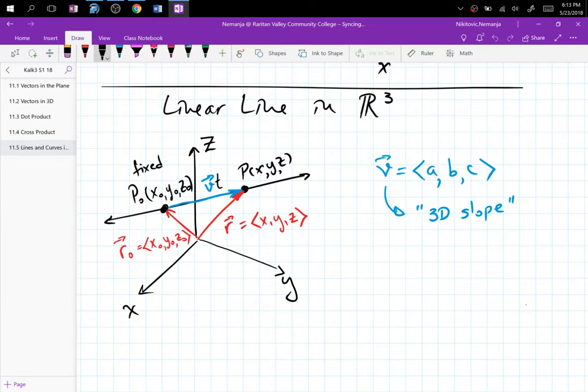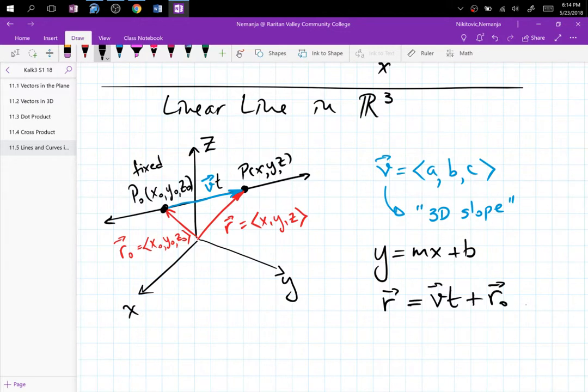So what do you know from your previous life? You know that y equals mx plus b, right? It's the same thing. Now you have r is equal to vt plus r0.